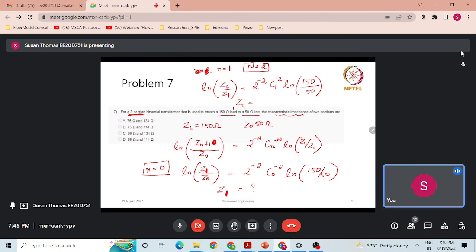That means it's like a transforming part. The first section transforms to some impedance, then the next section transforms to Z2. So it is a two section matching network or a binomial transformer which will match from 50 ohm to 150 ohm load.